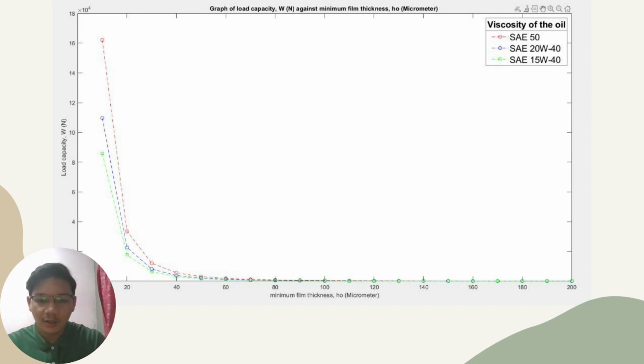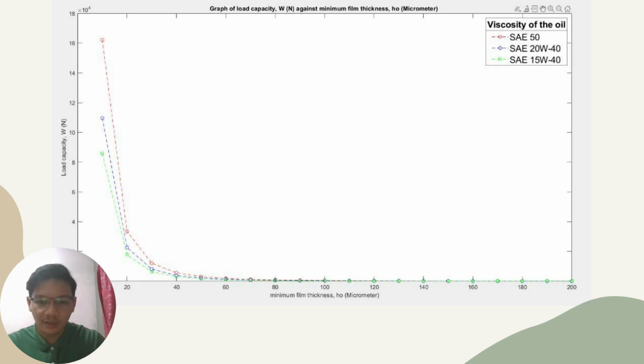233.554 Newton. When the minimum film thickness reaches the highest value in this study, with 200 micrometer, the load capacity will decrease to the lowest value. At this value of minimum film thickness, the SAE 50 oil with 0.00204 Pascal second indicates the highest load capacity with 59.219 Newton.